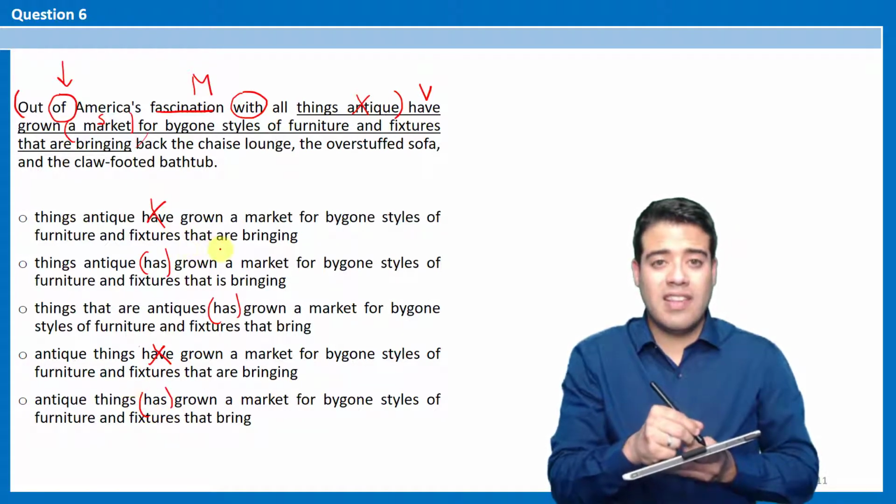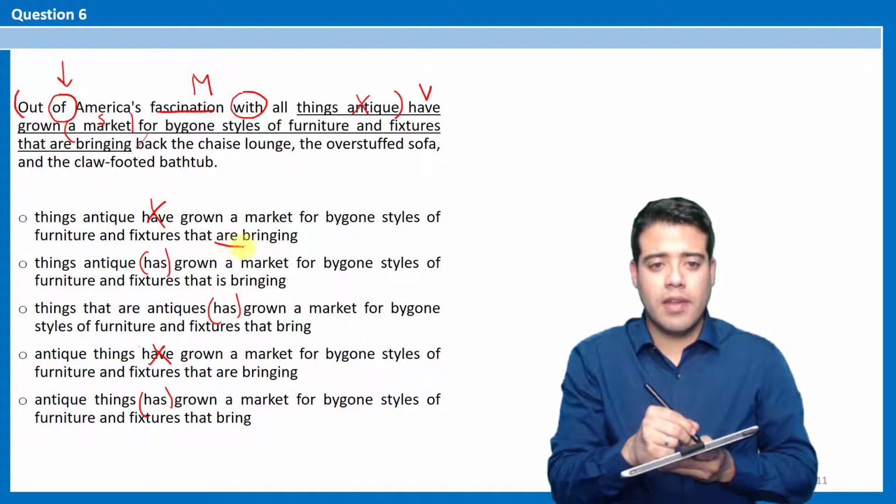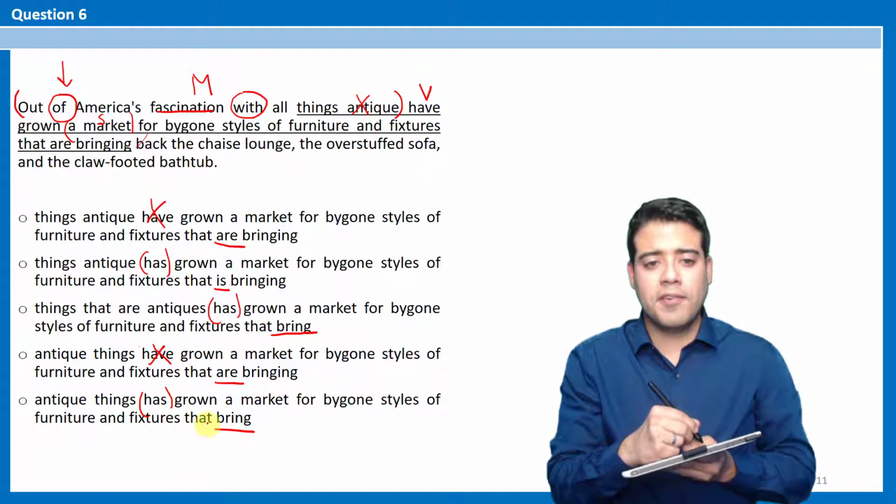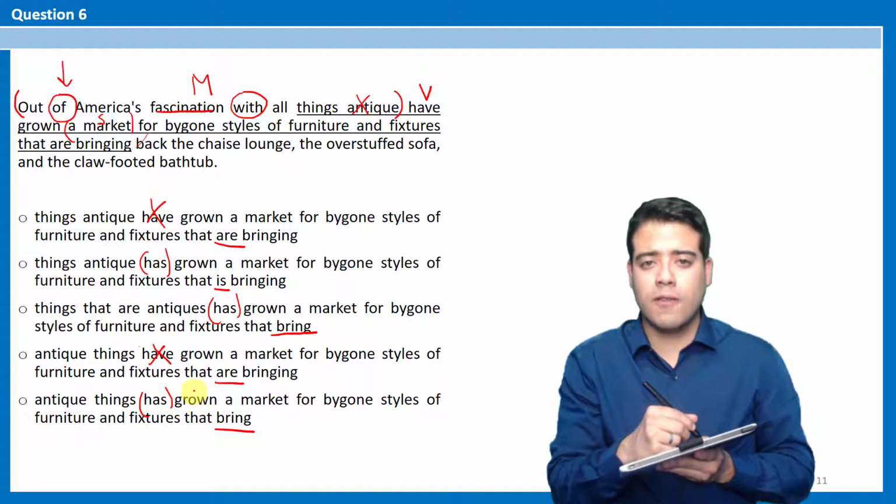And then if you look at the split at the end, you have that are bringing. Are bringing versus is bringing versus that bring versus are bringing versus bring. Now ask yourself, what are bringing? What are bringing back the chaise lounge, the overstuffed sofa, and the claw-footed bathtub?